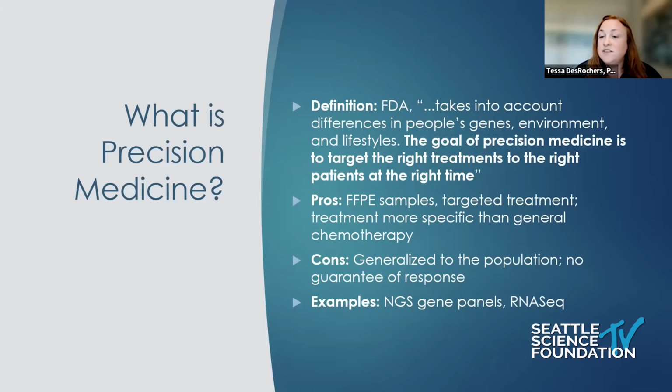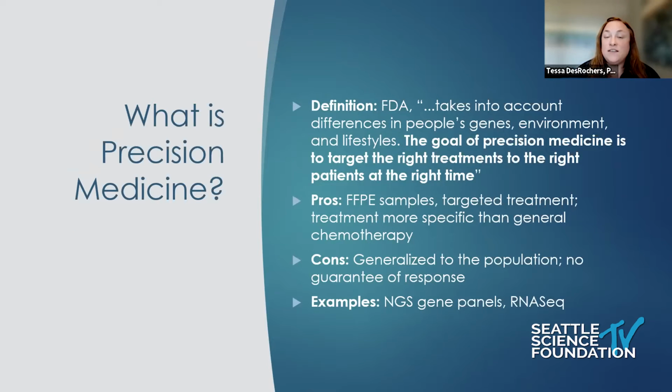There are pros and cons to everything that is done, including precision medicine. The pros really are that there's some ease of implementation in the clinic, and that it can often be done with FFPE samples, which are generally always generated within the pathology labs. It's nice because it allows for the identification of a targeted therapy, which gives you a more specific therapy than a general chemotherapeutic.